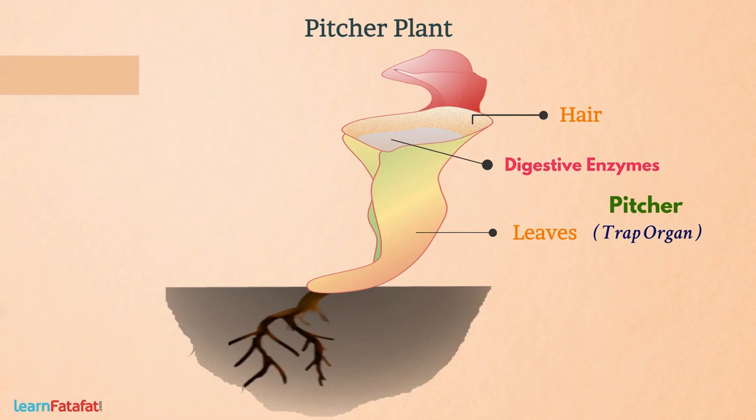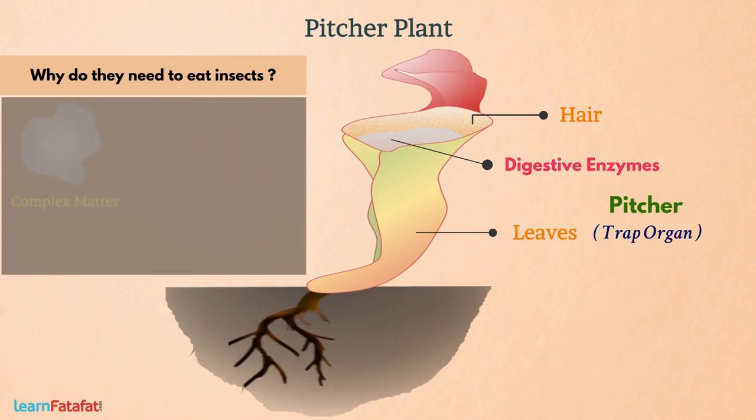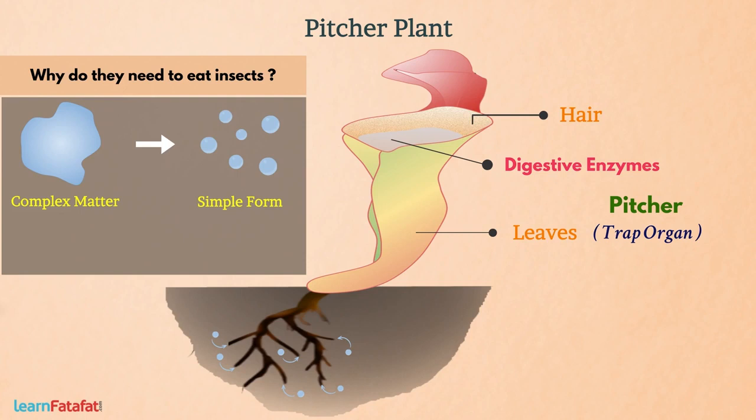The question is, why do they need to eat insects? Well, the reason is quite simple. There is a need for conversion of complex matter into a form which can be used by plants. The job is done by bacteria such as rhizobium.